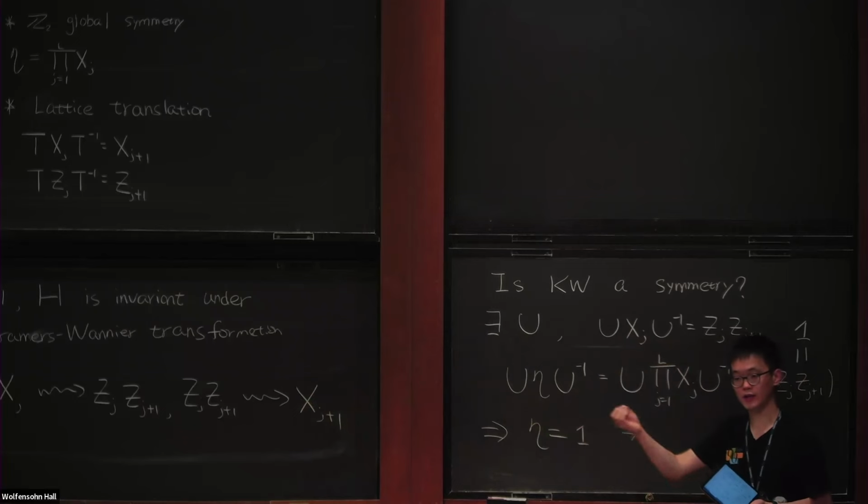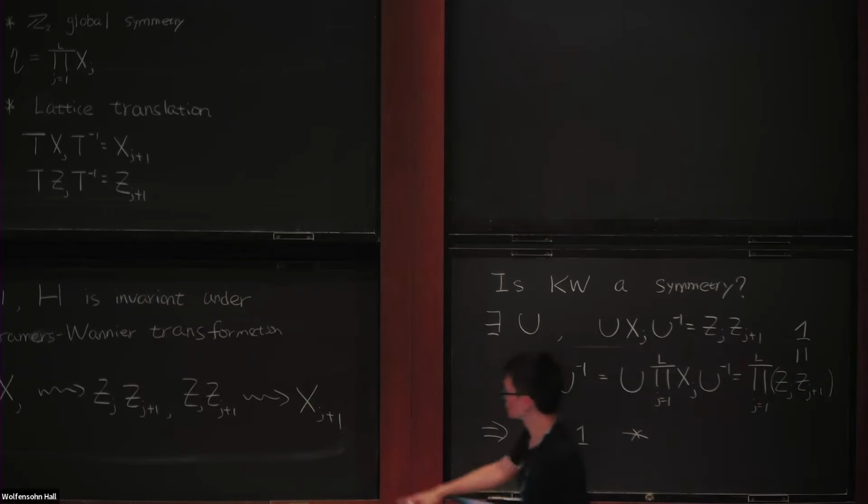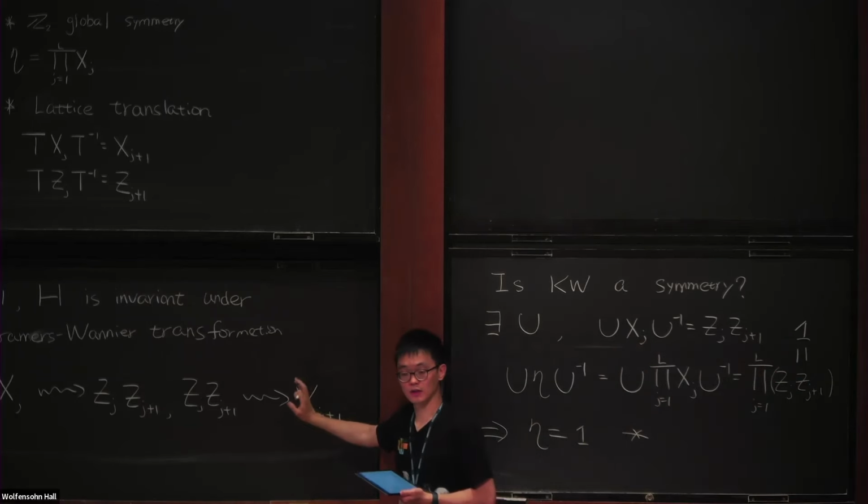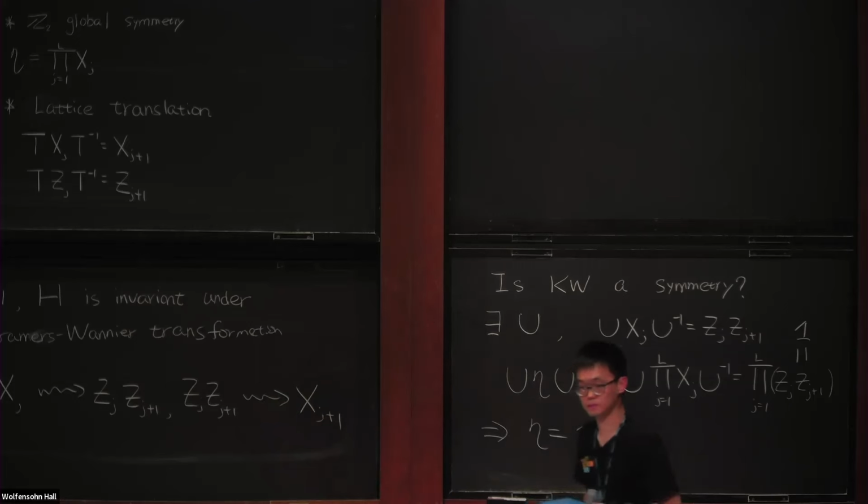If you have operators A and B, and A times B is C, then after the symmetry transformation, A prime times B prime should still be C prime. So this shift in the lattice site is important so that this transformation is still an automorphism.